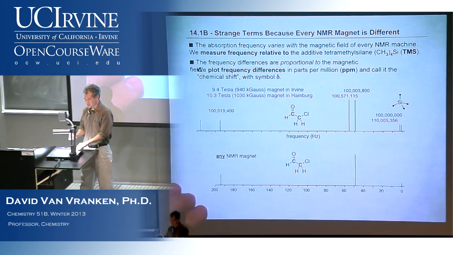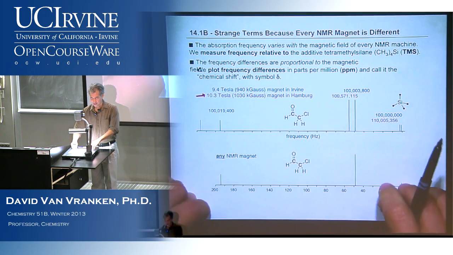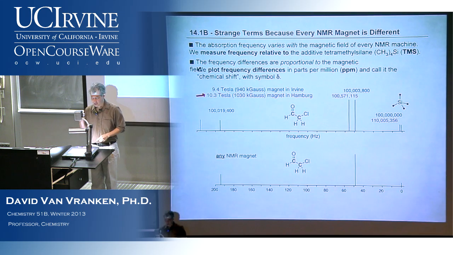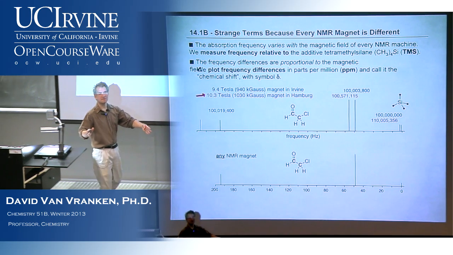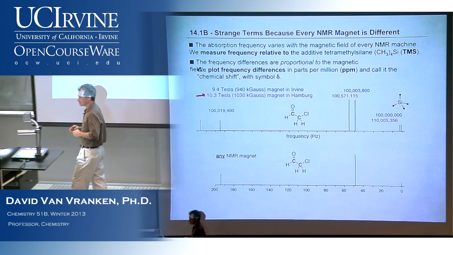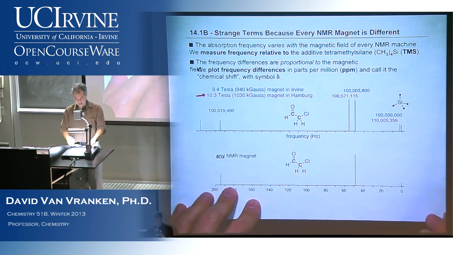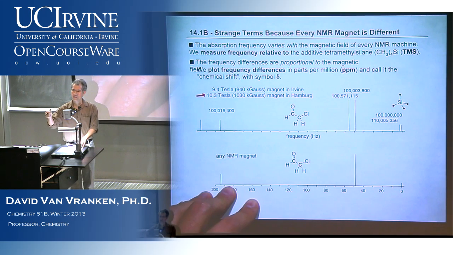The problem is they won't have exactly the same spectrometer. Maybe their spectrometer is operating with a magnetic field strength of 10.3 Tesla. Right? And it becomes a problem if our NMR magnets don't have exactly the same field strength. Because if they don't have exactly the same field strength, common molecules will not resonate, will not absorb and emit energy at the same frequency.